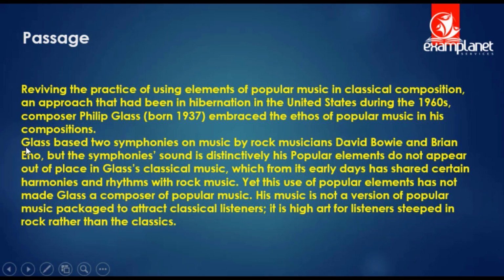Looking at the second paragraph, Glass based two symphonies on music by rock musicians David Bowie and Brian Eno, but the symphony's sound is distinctively its popular element. That answers the question.